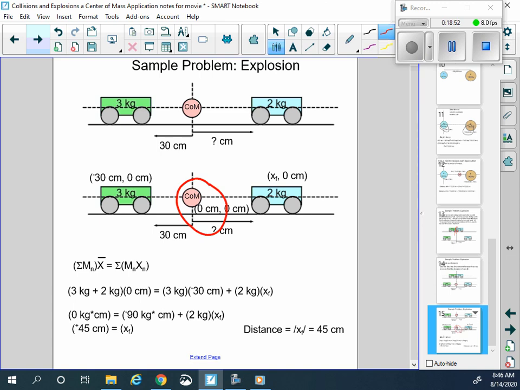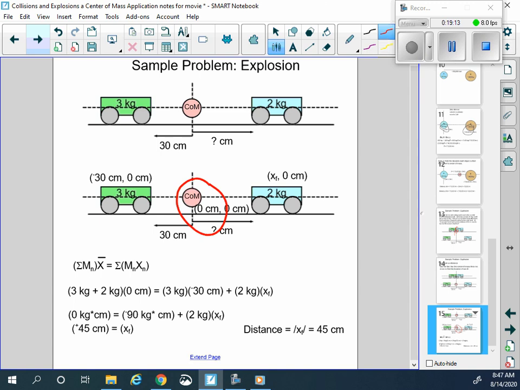My 3 kilogram cart is at a location of negative 30 centimeters. It's negative because it's to the left of my origin. If it was to the right, I would have made it positive. So 3 times negative 30 plus 2 times x. And I can now just simply solve for x. X comes out to be positive 45.